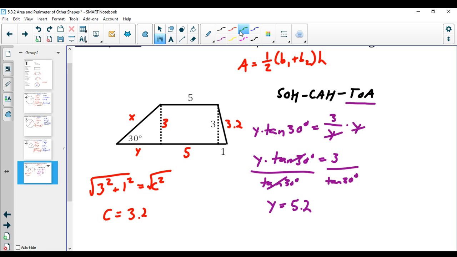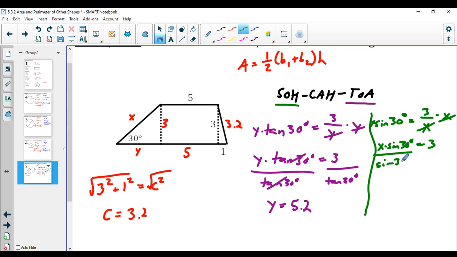And now we can do a similar thing for x. All right, now we're working with opposite and hypotenuse. Which one does that? Sine. So we can do the sine of 30 degrees equals opposite, which is 3, over the hypotenuse, which I labeled x. We're going to multiply the x over, and so we get x times the sine of 30 equals 3, divide by the sine of 30 degrees.